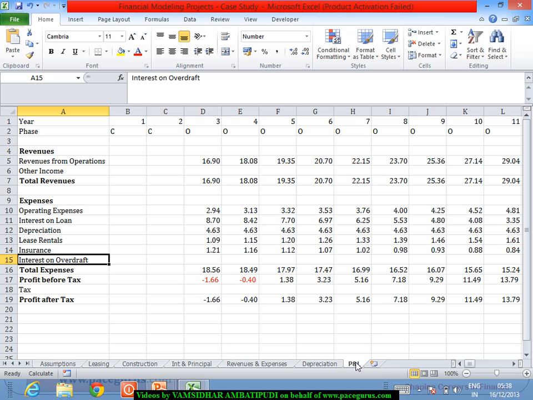Now I am sure that you know how to prepare a P&L statement given the details regarding the revenues and expenses, the interest payments, the leasing related expenses, the depreciation related expenses, the insurance related expenses. How do we prepare a base P&L statement which can be submitted to banks for obtaining loans, or for getting suitable terms and agreements, or for your internal evaluation of the profitability of this long-term project.